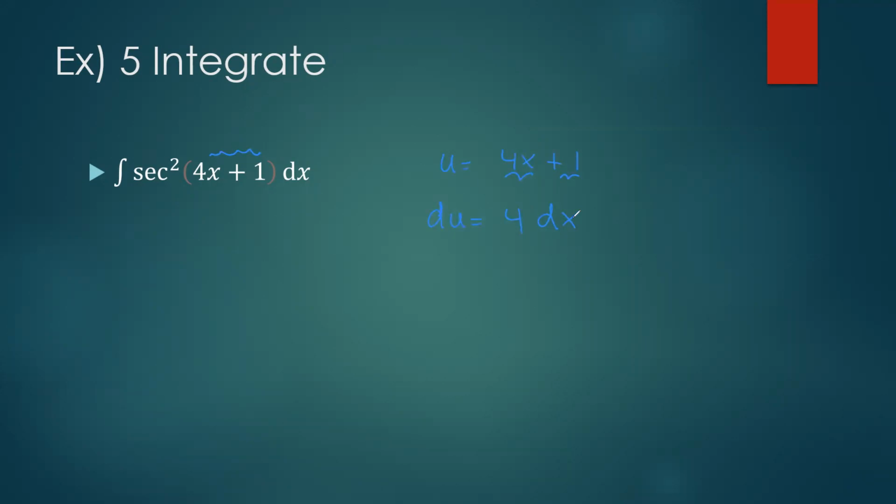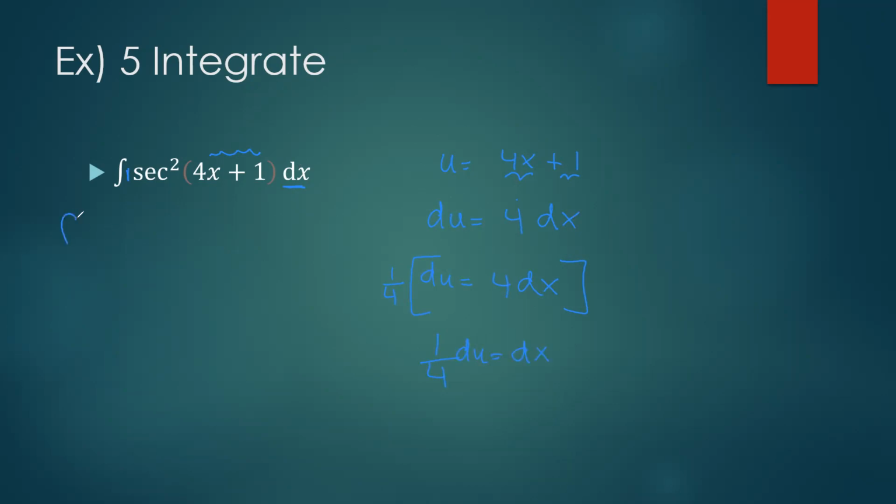So is there anything we don't need? Yes, we don't need this 4 because we have a dx here, and then this is like 1. So let's get rid of this 4 by multiplying both sides by the reciprocal of 4, which is 1/4. So this is 1/4 du, and then this is dx.